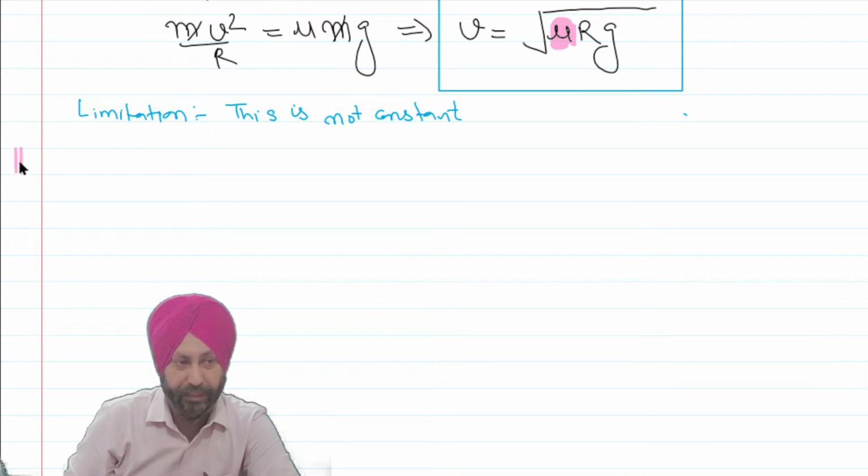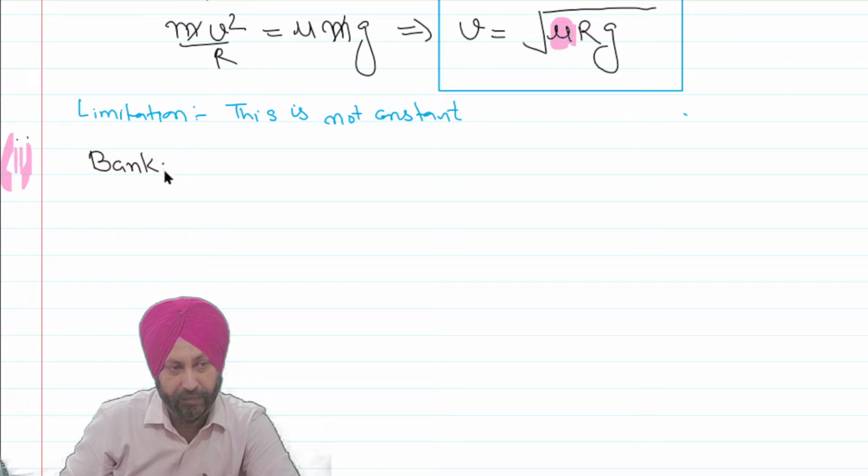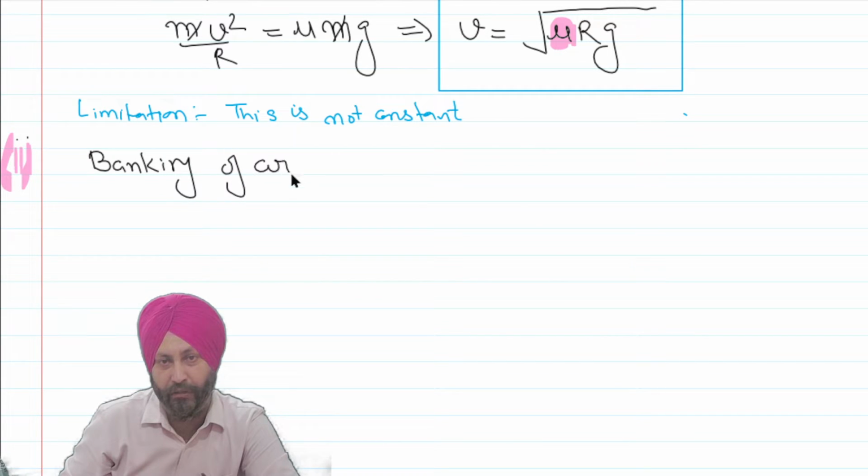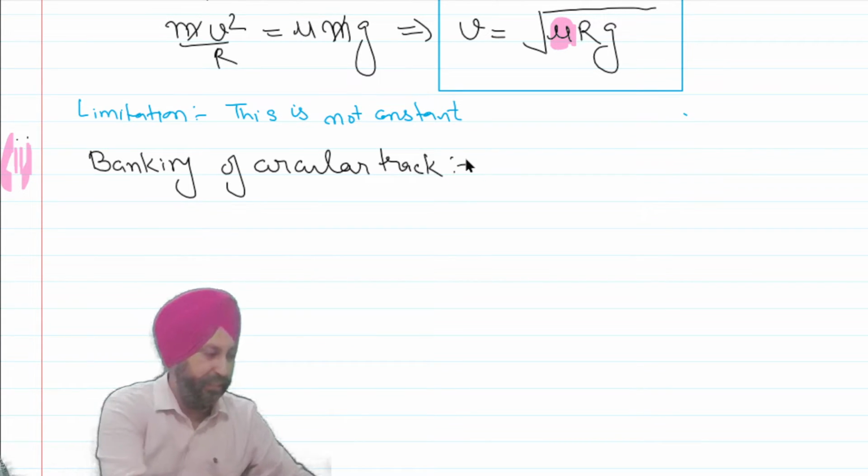Second point is banking of circular track. That was a level circular track. This is banking of circular track. What is banking of circular track?